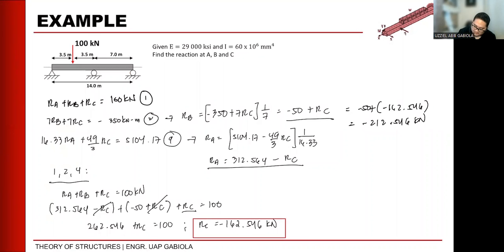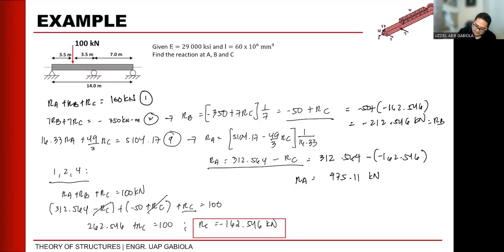Okay? So mali ulit ang sign. So dito 312.564 minus 162.546. This will be 475.11 kilonewton. Okay? So ito yung ating RA, ito yung ating RB.